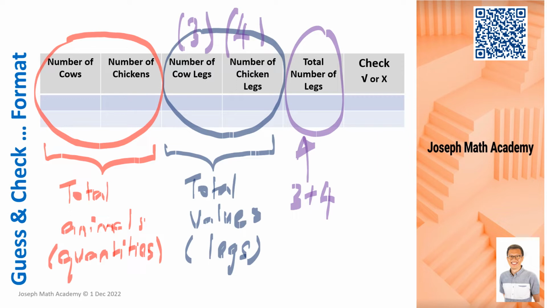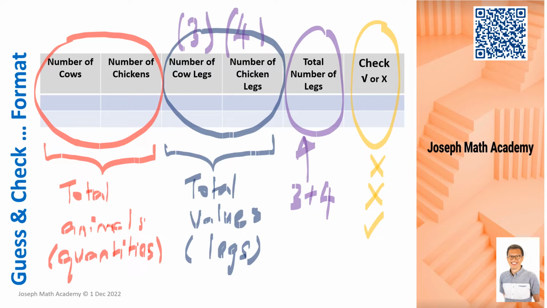And the final column is usually the checking column, whether we have fulfilled the condition stated in the word problem. If it's not fulfilled, usually we indicate with a cross. And we keep on listing until we arrive at a tick. A tick means we have fulfilled all the conditions and we have found the answer.